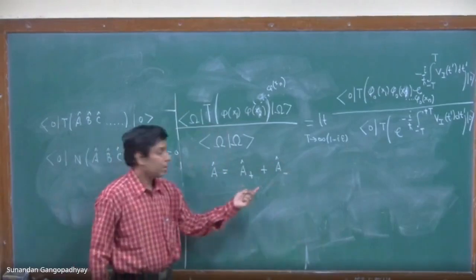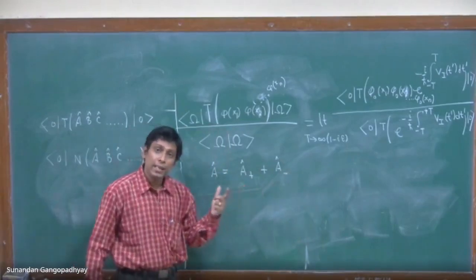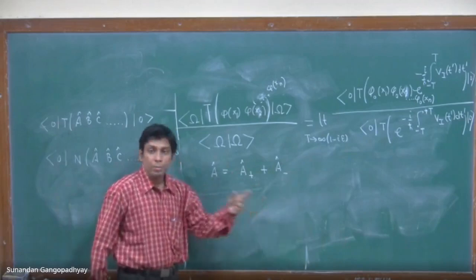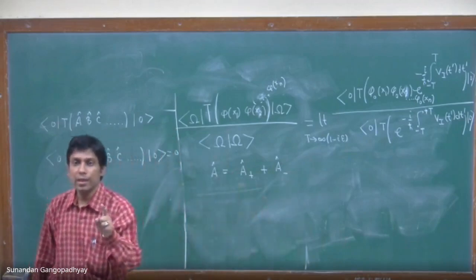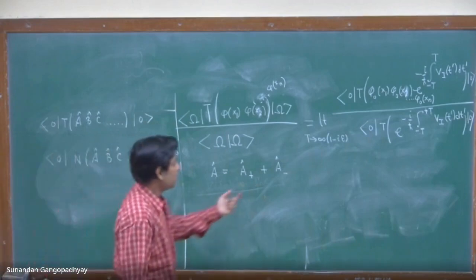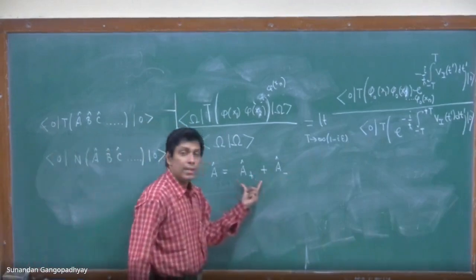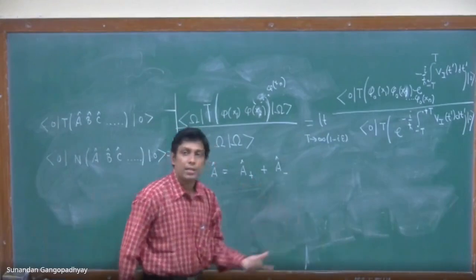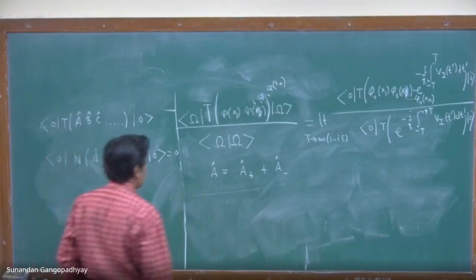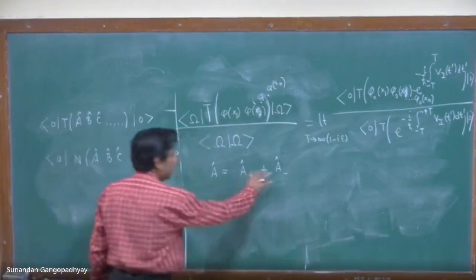A plus stands for the annihilation part of this operator. You remember the mode expansion for phi. There is a and a dagger, so there is an annihilation part and a creation part. A plus stands for the annihilation part, A minus stands for the creation part. That is our standard nomenclature. And similarly for B also I decompose in the same way.